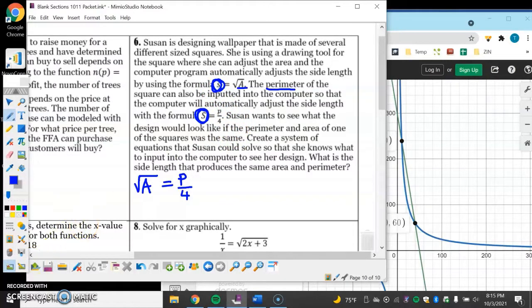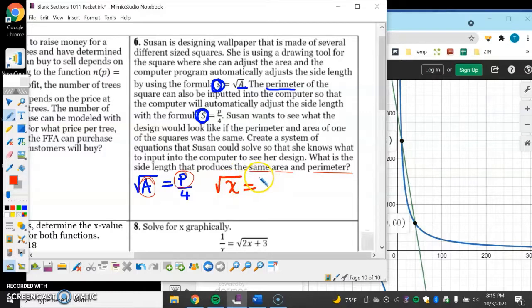Okay, next it says, since the question is asking for the same area and perimeter, basically we just want these 2 numbers to be the same. So I'm just going to call those X because we're trying to figure out when A and P would equal each other.